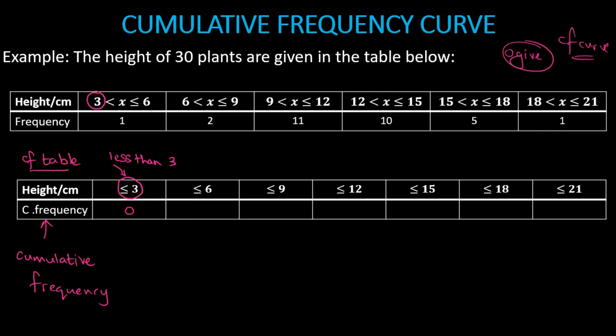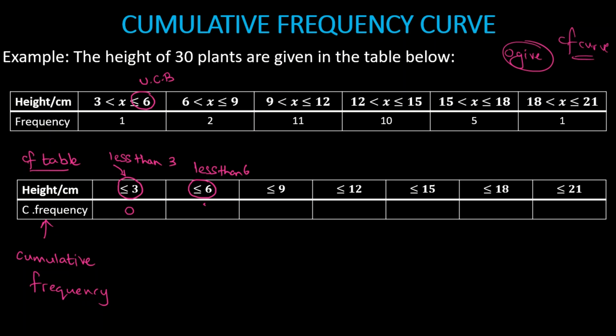Right? Now the second value is 6. 6 was the upper class boundary. So we stop at the upper class boundary. Here we have less than 6 or equal to 6.